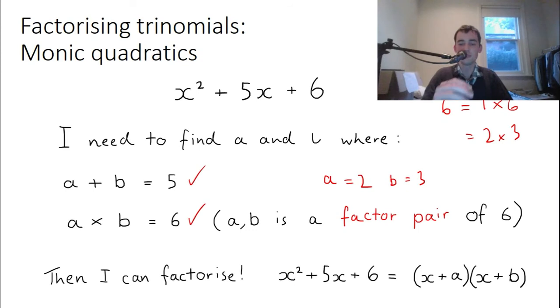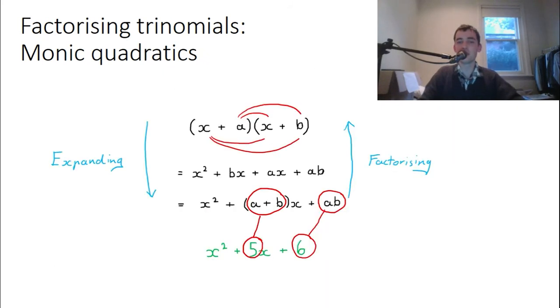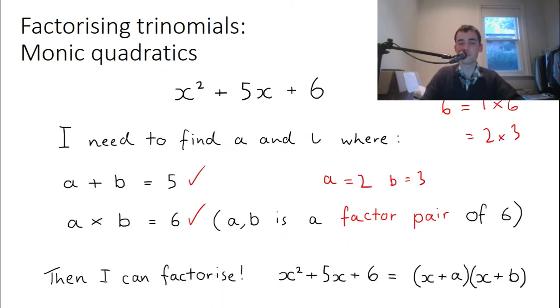What that means is the factorized version, we'll go back to this equation. If a is 2 and b is 3, the factorized version is x plus a, or x plus 2, times x plus 3. So that's equal to x plus 2, x plus 3.